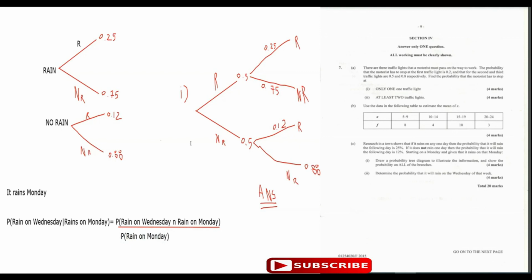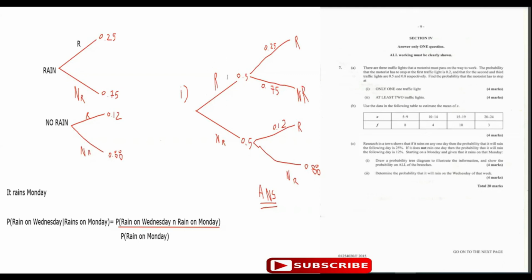The probability it rains on Monday in actuality is 0.5, because it says it rains on Monday.